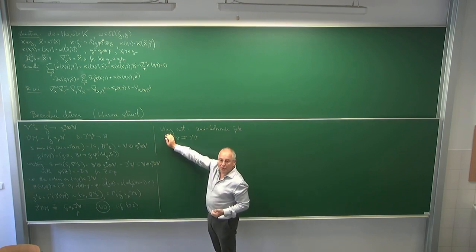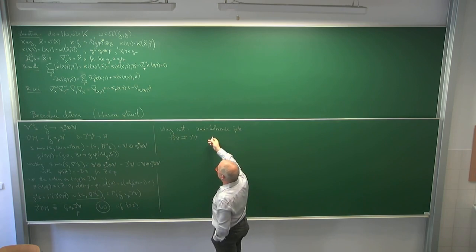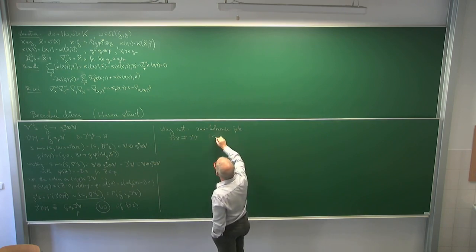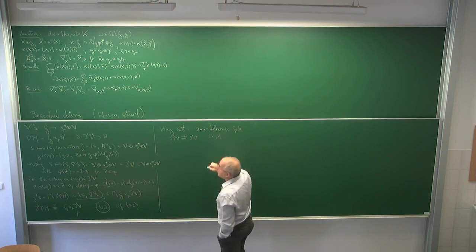If you write it down in coordinates, the first jets would have, say, coordinates x^i and x^i_j.